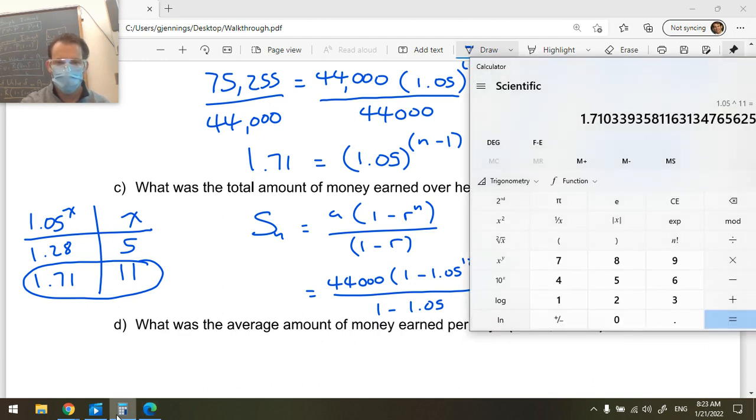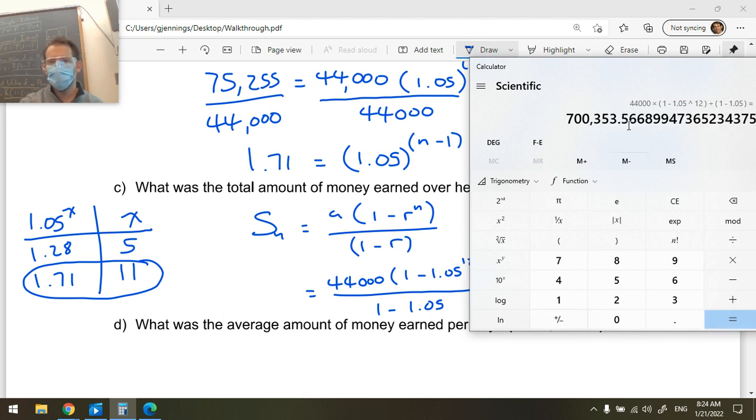So let's go for it. Clear everything. 44000 multiplied by bracket 1 minus 1.05 raised to the power 12, end bracket, divided by bracket 1 minus 1.05 end bracket equals.